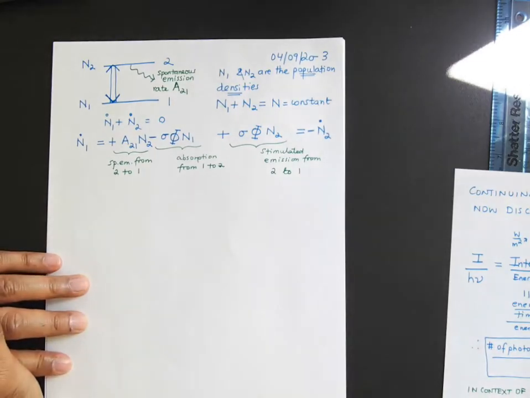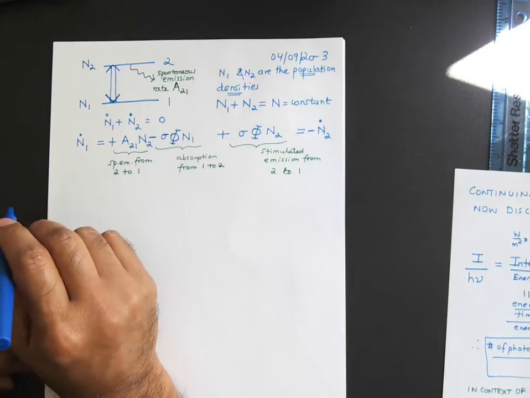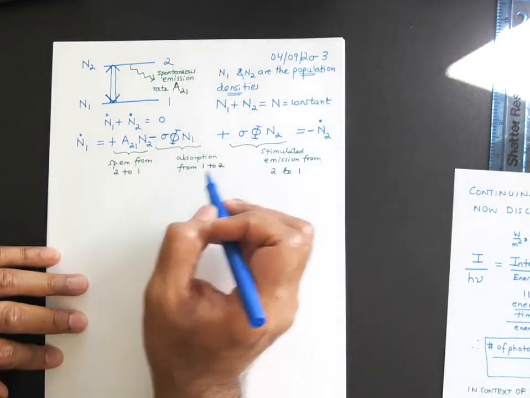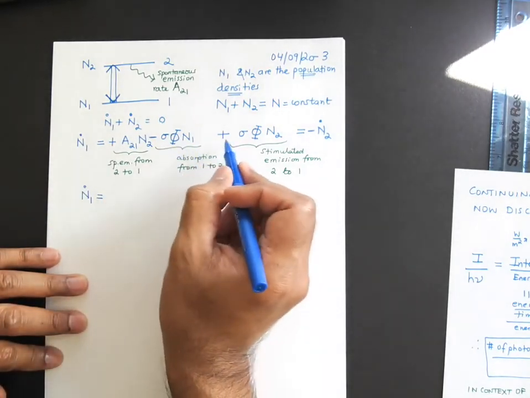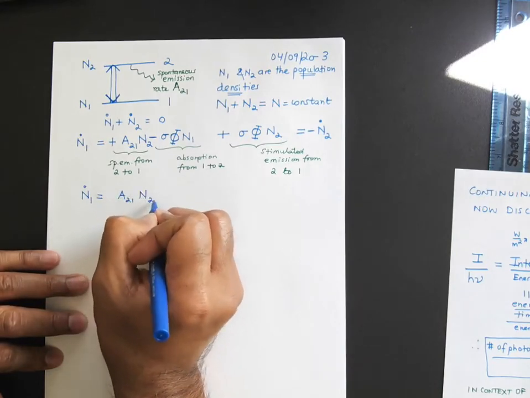Okay. So I see I'm at a whopping 23 minutes, so I'm just going to do one more thing here. I'm going to take this equation and write it so that I collect the n1 terms together and the n2 terms. So I have A21 n2, and it's a very simple equation.